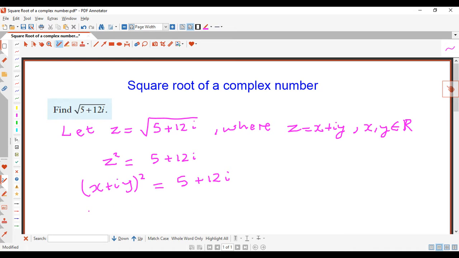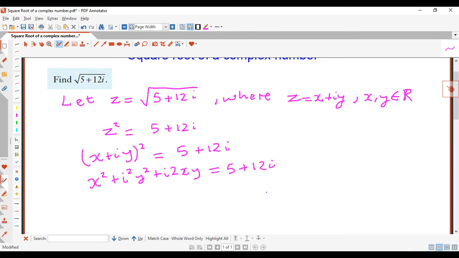Then I'm going to expand the brackets, so x squared plus i squared y squared plus i 2xy equals 5 plus 12i.